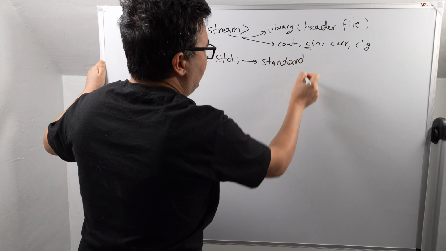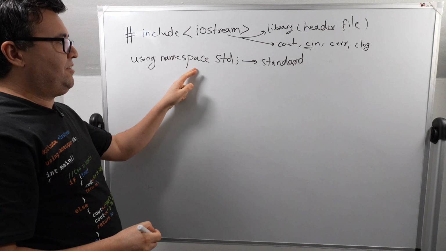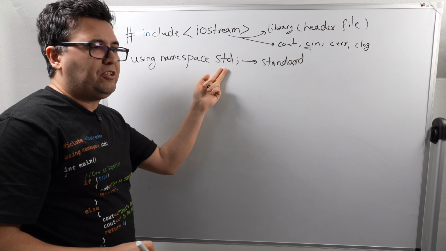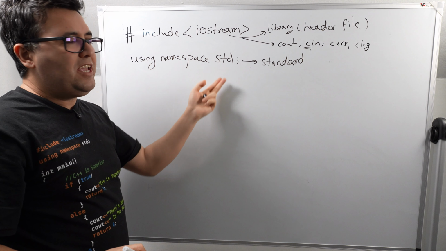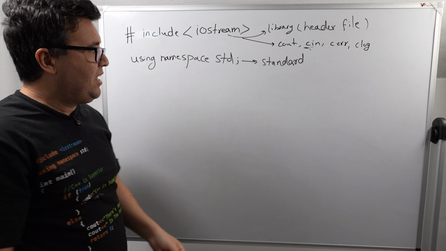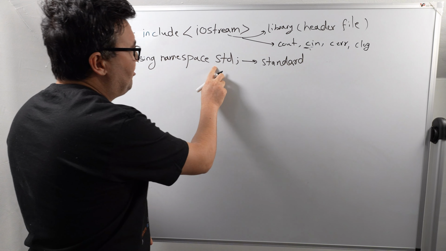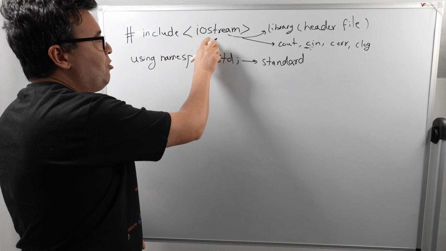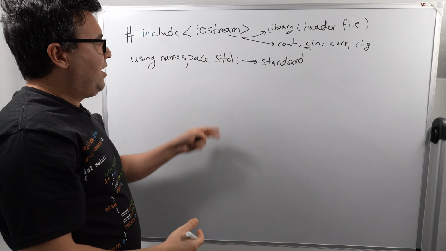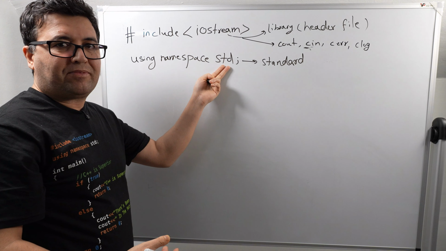We need to have the standard library of C++ in every program in C++, because inside this standard library are all the libraries, including iostream.